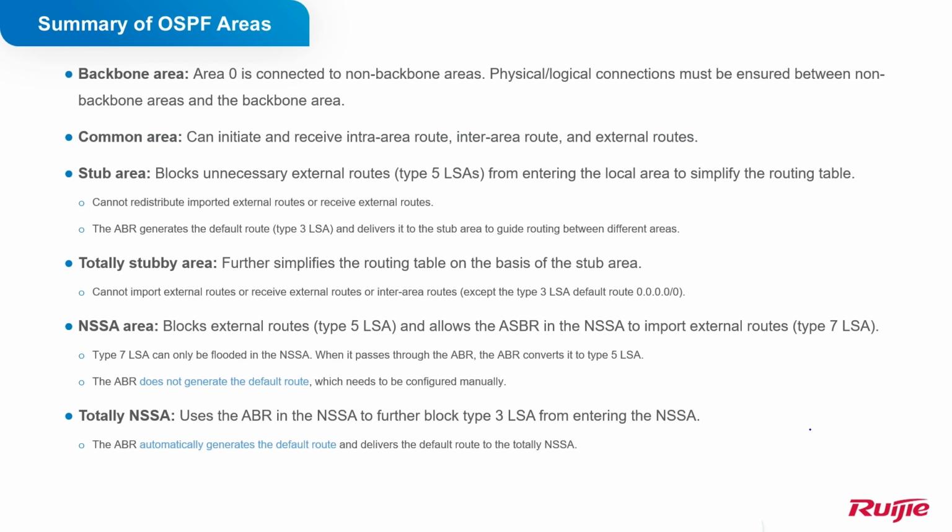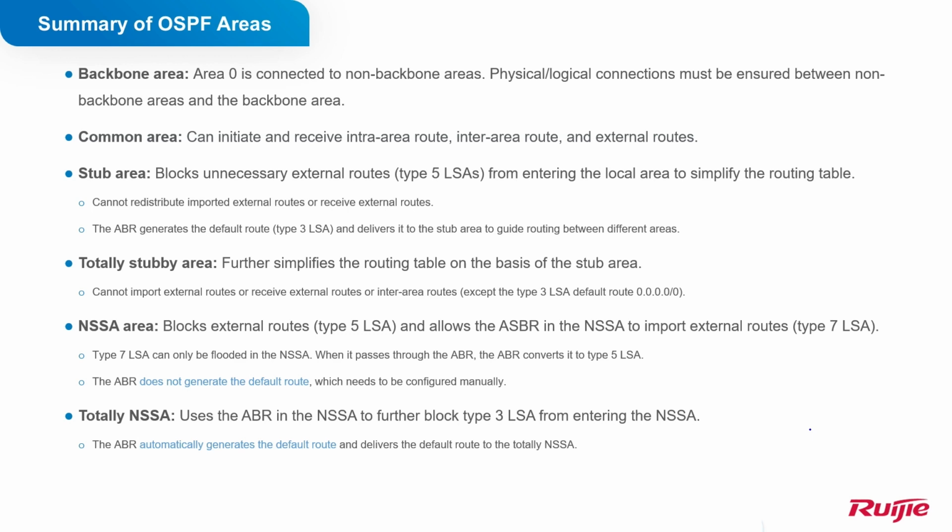This means we can receive type 1, 2, 3, 4, 5 LSA information and then build the LSDB, right? And to reduce the LSA entries and let our devices work better, we suggest using a special area such as the stub area, right?